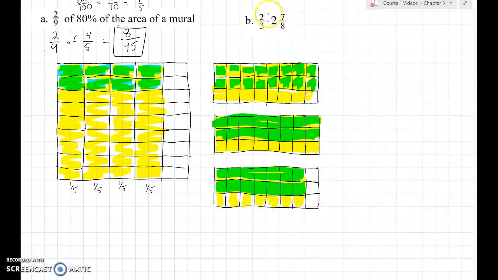The question is, what is 2/3 of 2 and 7/8? All right. The common answer and the common mistake is saying that the answer is 1, 2, 3, 4, 5, 6, 7, 8. That makes 16 plus another 8. So this is 8, 8, 8. So 24 green pieces plus 7 and 7.